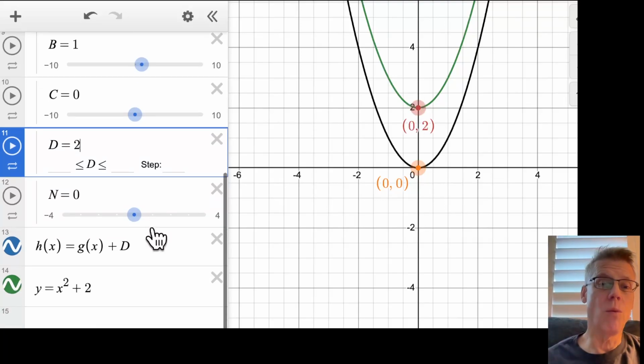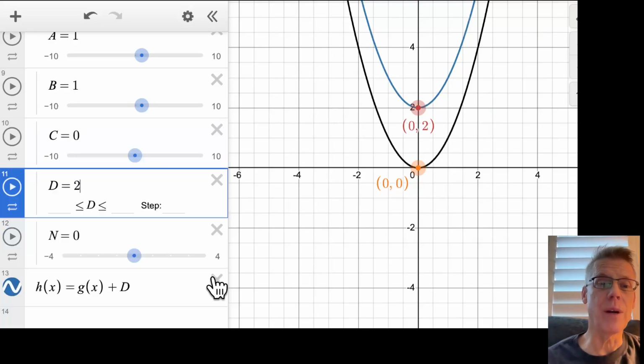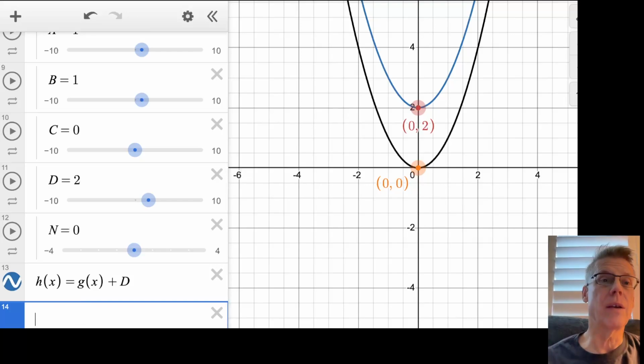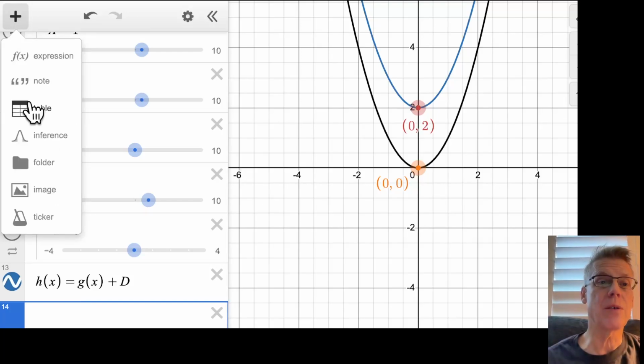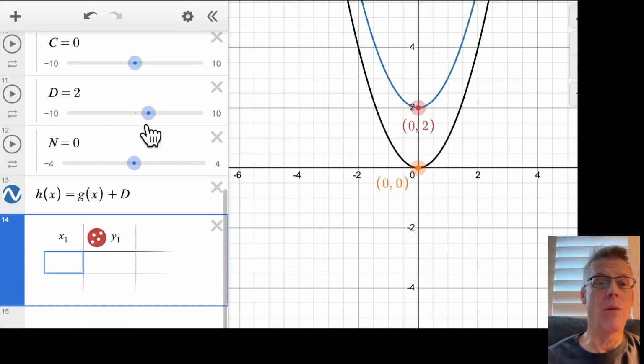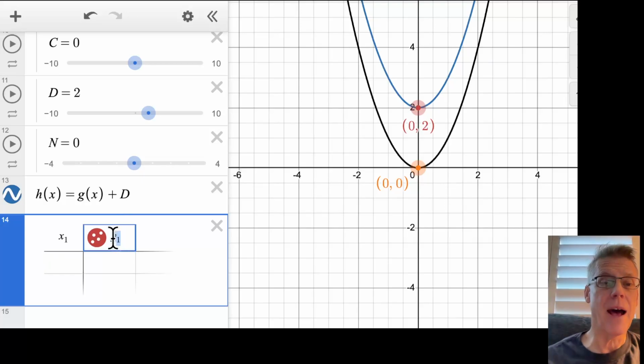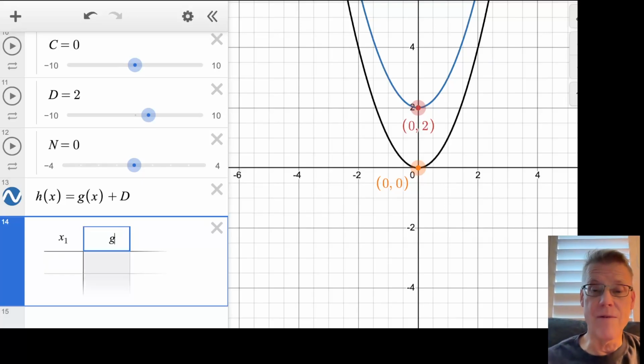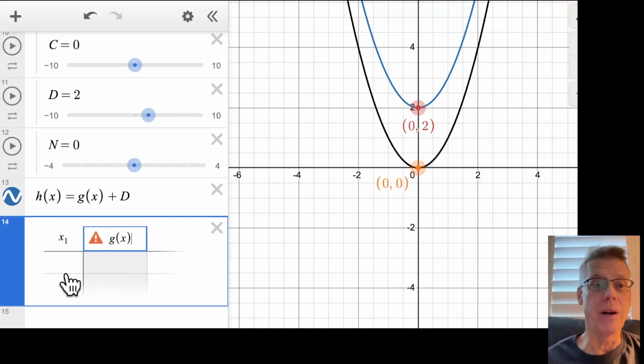I want to do one last thing before I shut down here. I am going to make a table of values. So I use my Desmos and make a table, and I'm going to have g of x over here and have these different outputs.